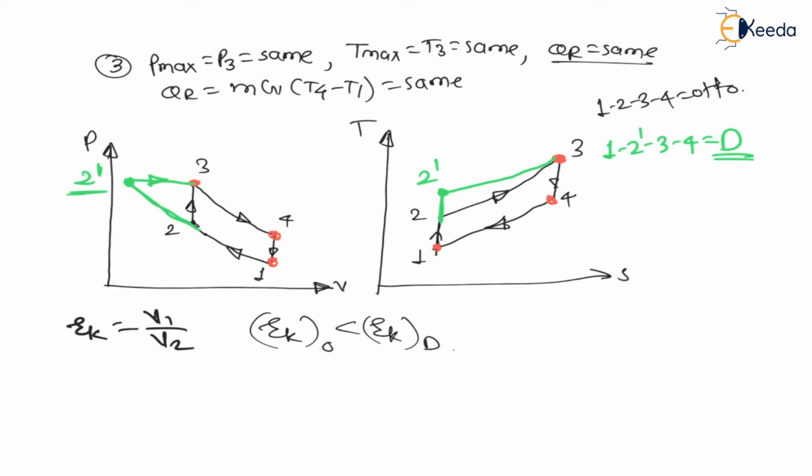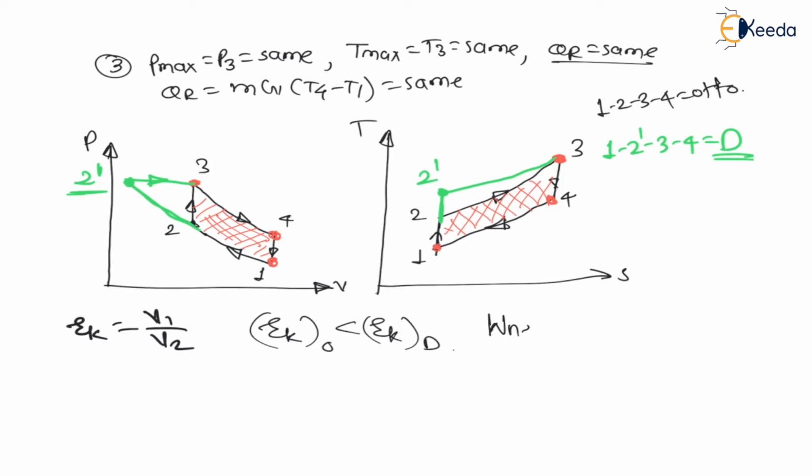This is the first comparison. Now the area enclosed by the cycle is net work as well as net heat. Now let us check the area enclosed by the Otto cycle. Here this is the area enclosed by the Otto cycle, shaded by red color, right. And there is extra area for the diesel cycle. Therefore area enclosed by cycle is net work.